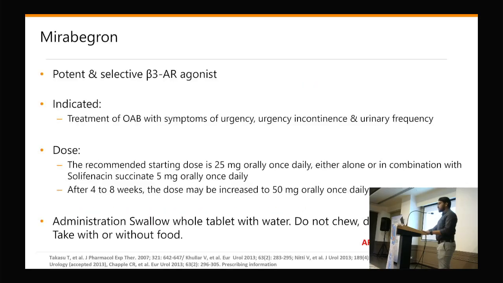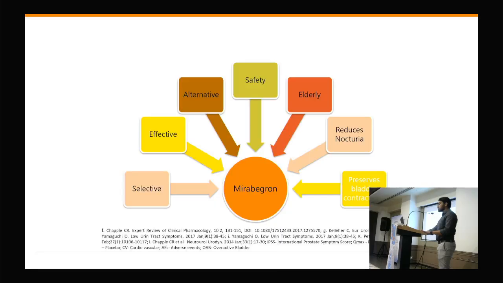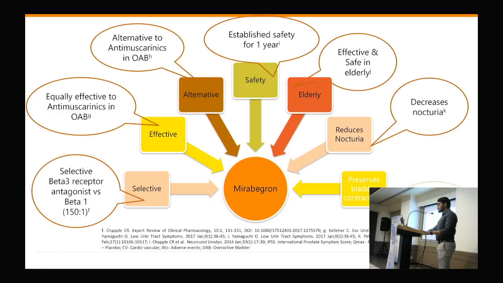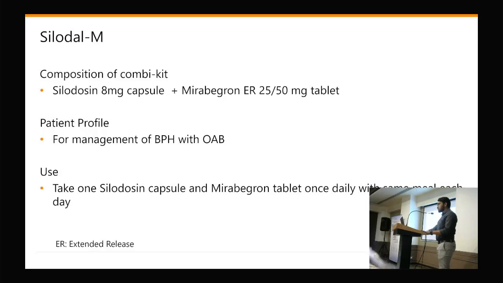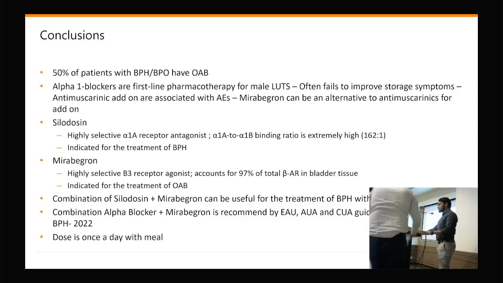Mirabegron is a beta-3 adrenergic receptor agonist. It has a 150-fold higher affinity for beta-3 receptors and relaxes the detrusor muscle and helps in improving the symptoms. So combination of silodosin and mirabegron is helpful in patients of BPH with overactive bladder. 50% of patients with BPH and BPO have overactive bladder.